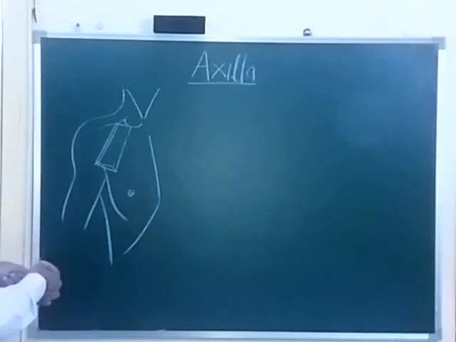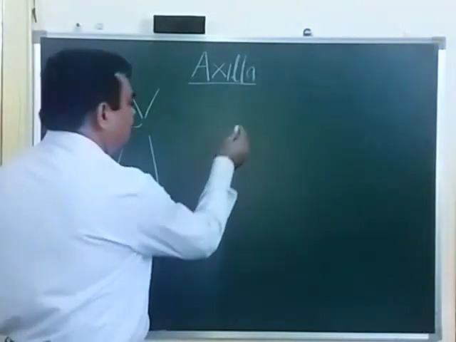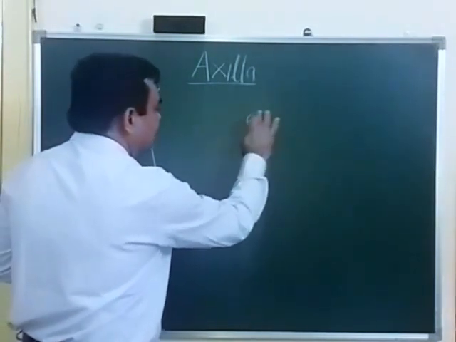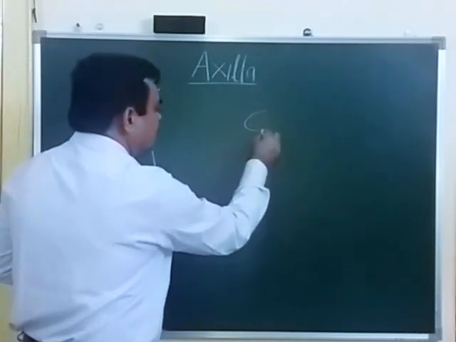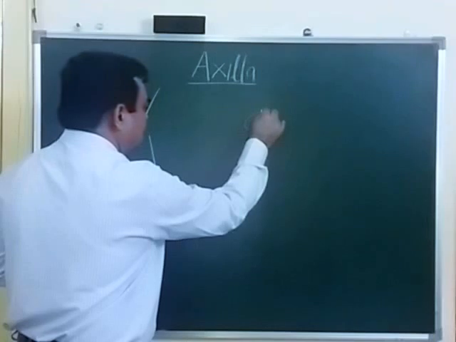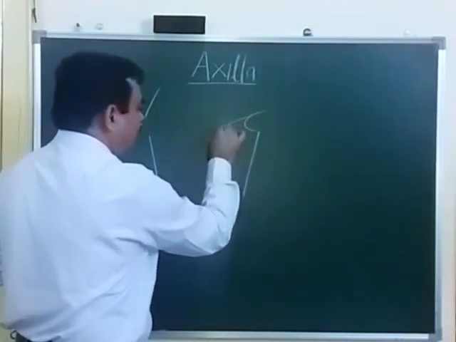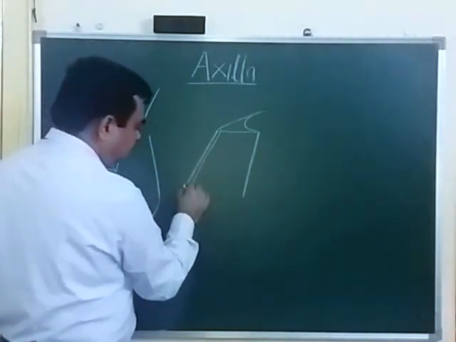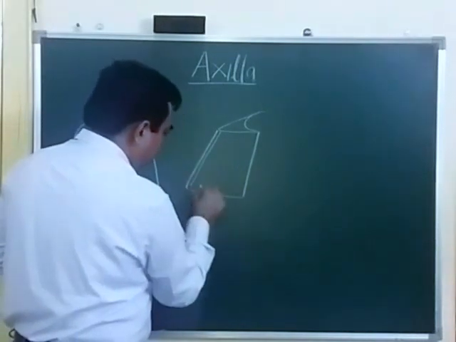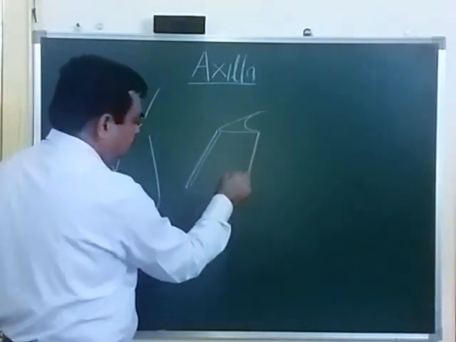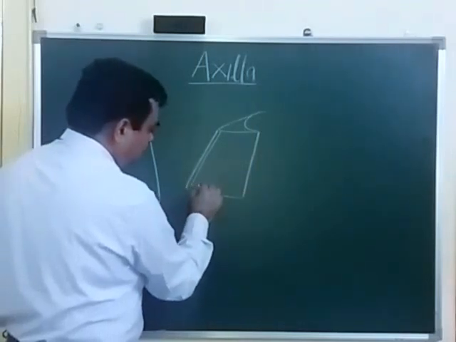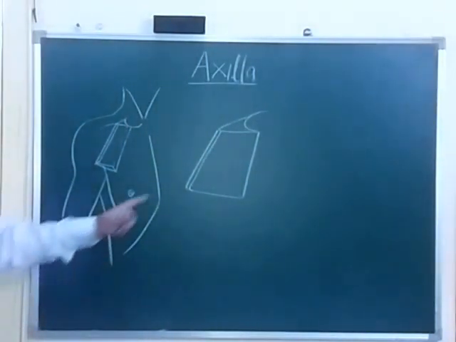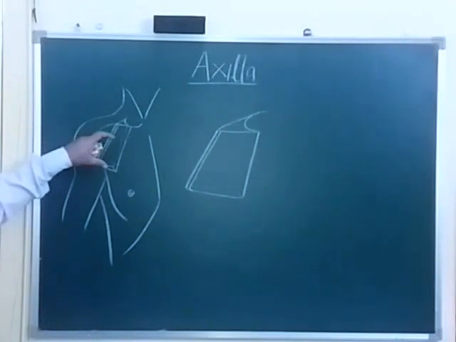If you draw this diagram separately, you will find its shape is like a pyramid. So axilla is pyramidal in shape.